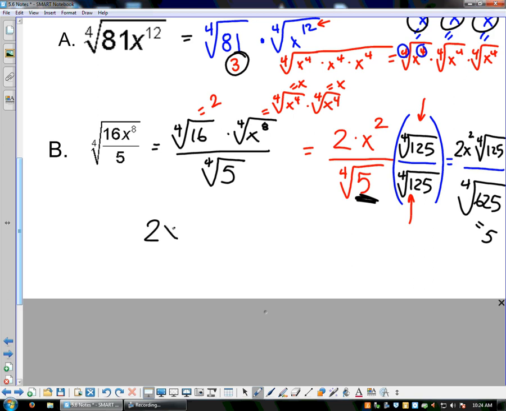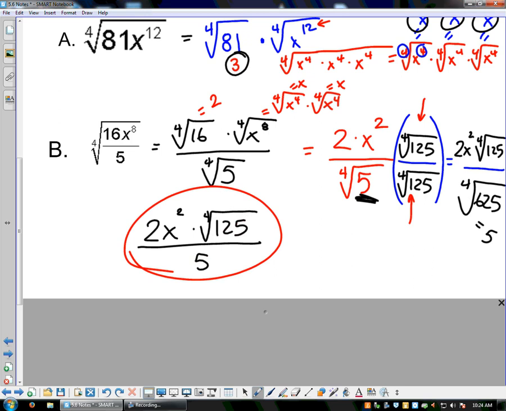So our final answer for this problem is 2x squared times the 4th root of 125 over 5. Can we divide out this 5 here with this 125 here like this? No, because this number is not under a radical and this number is under a radical, so we can't mix those up. No good. So this really is our final answer right here.